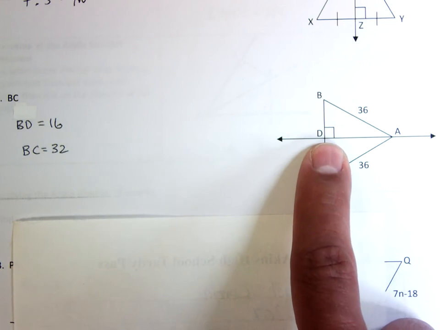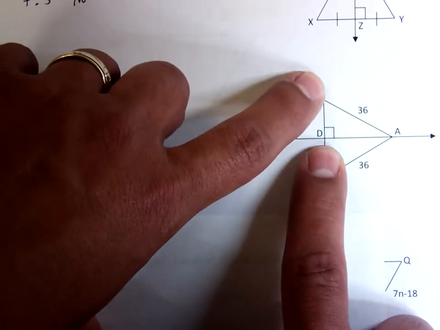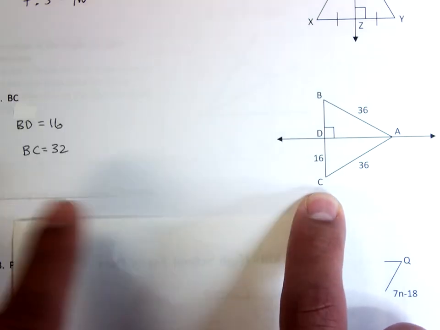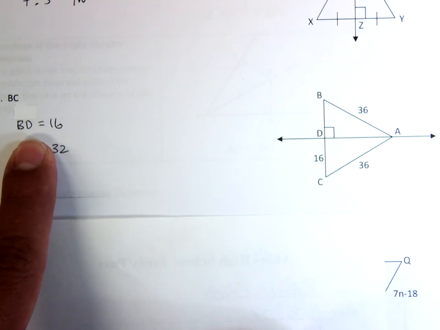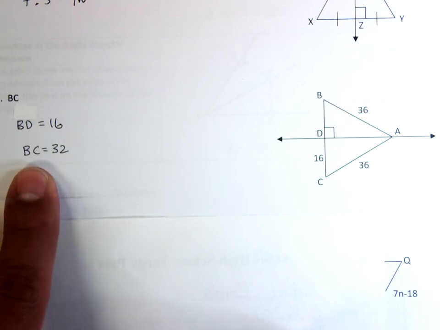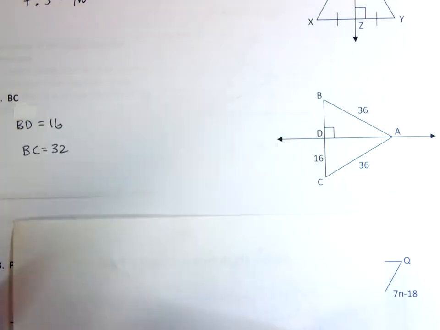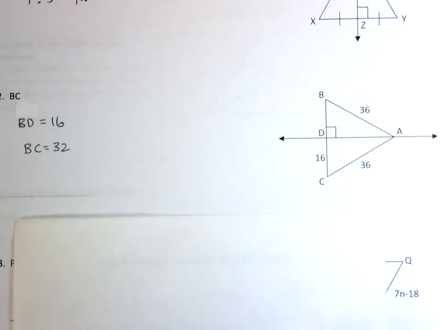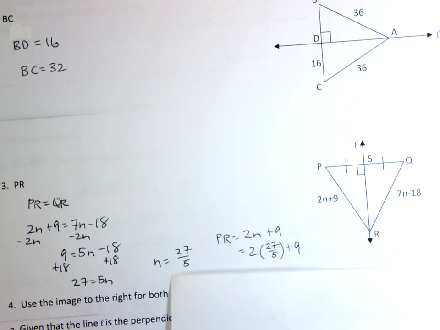We know it's perpendicular, so that means BD must be congruent to CD. Well, if BD is equal to 16 also, then BC, what we're trying to find all the way across, must be equal to 32.